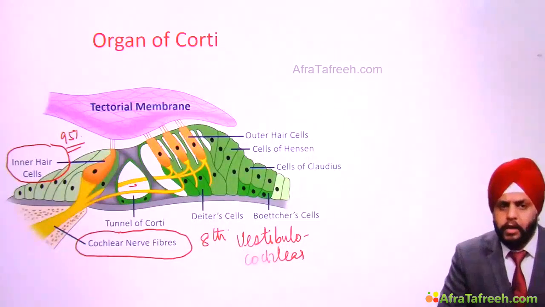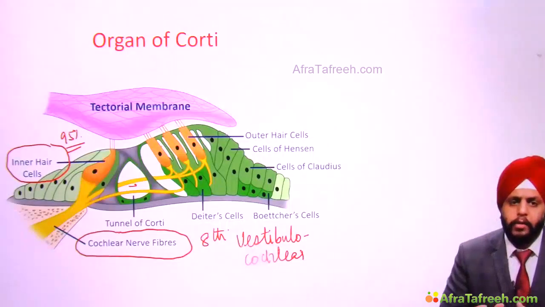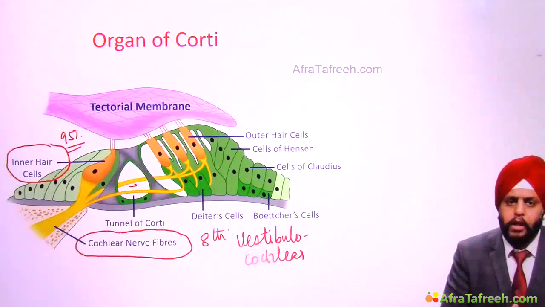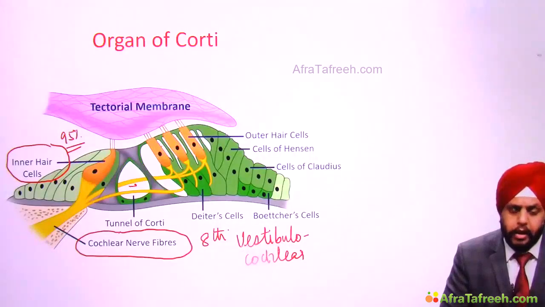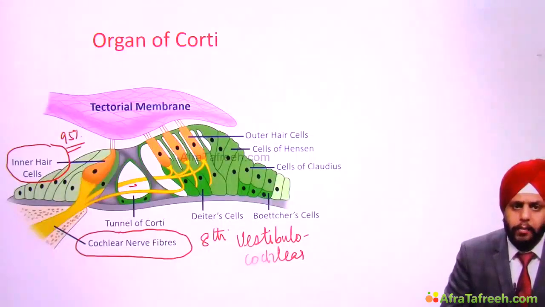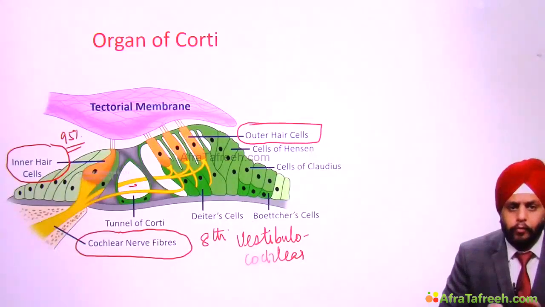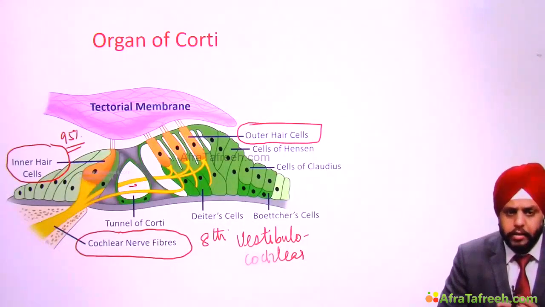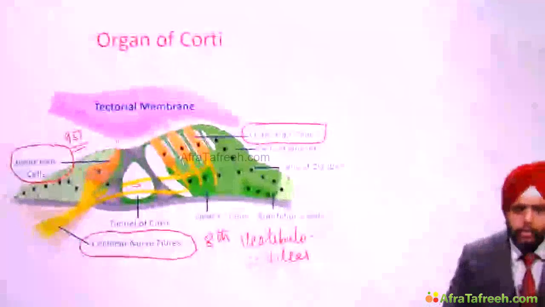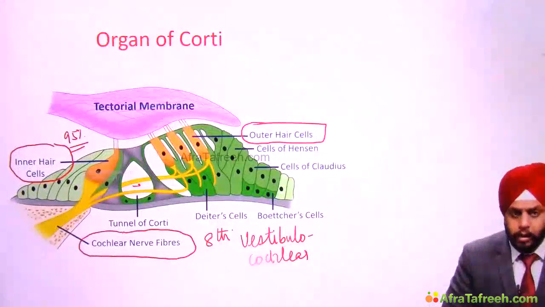Moreover, we now believe that it is like a feedback stimulus to the outer hair cells to regulate the sound. So if somebody asks you from where the eighth nerve fibers are starting, look in this diagram and answer outer hair cells. Not just the inner hair cells, from the outer hair cells these fibers are starting and they go to the eighth nerve.